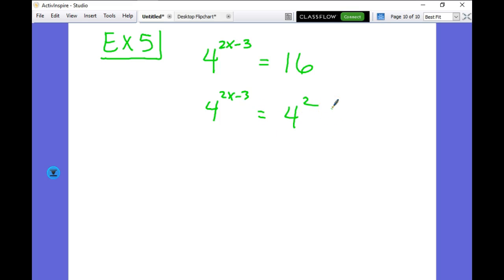So now that I got the bases to match, what do we do? Just drop out the bases. And you actually end up with just a very simple two-step equation to solve, right? So it's not that bad. It looked ugly, but it really wasn't that bad.